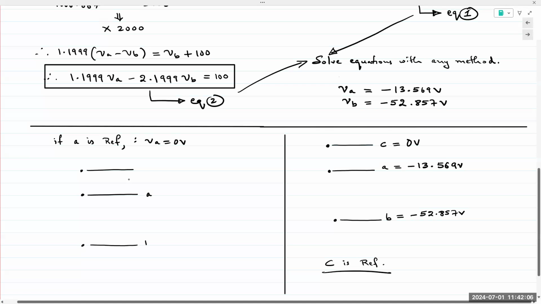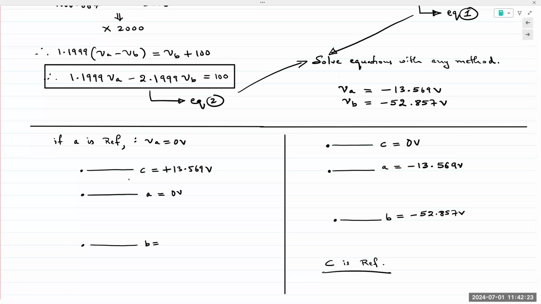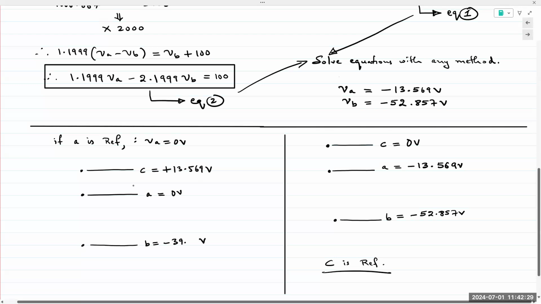A is here, B is here, and C still remains here. A is now 0 volts, and C would be plus 13.569 volts. And B would be, what would be B? About minus 39 point some volts. 52.857 minus 13.569 is 39.288.